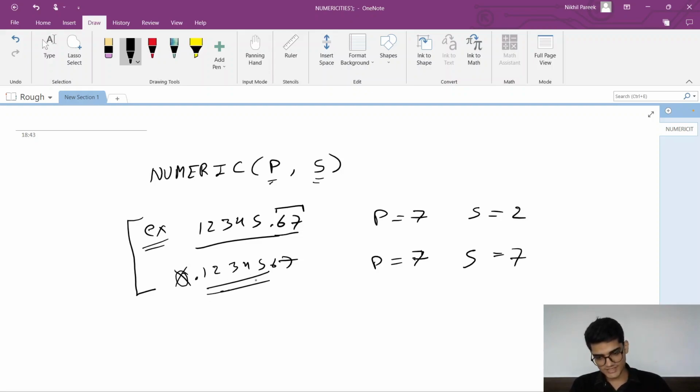The precision is the same in both, but the number of digits before the decimal point is greater in example 1 than in example 2. So we will take 12345 from example 1.